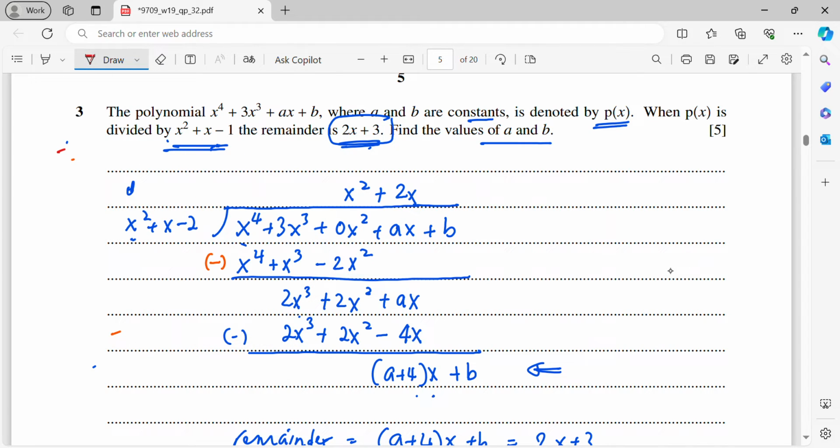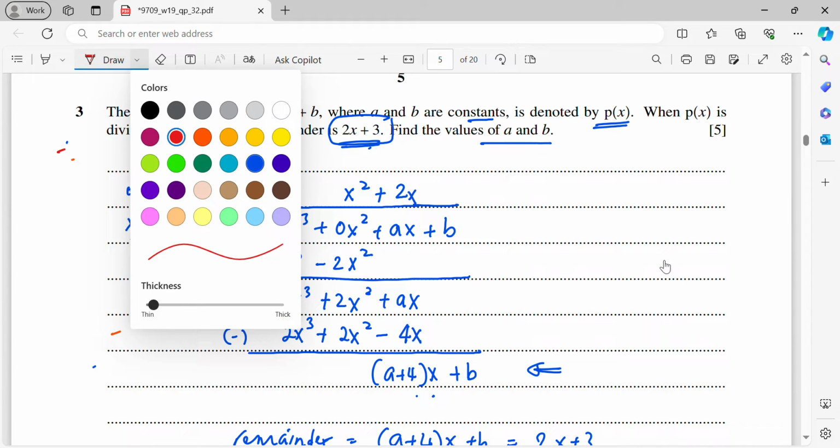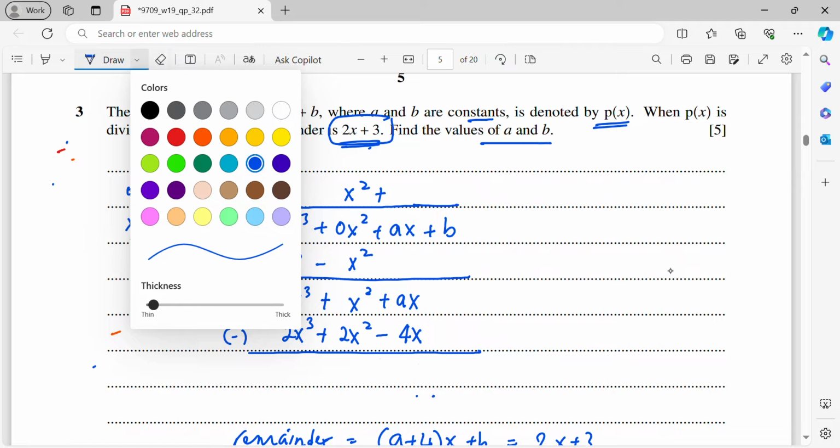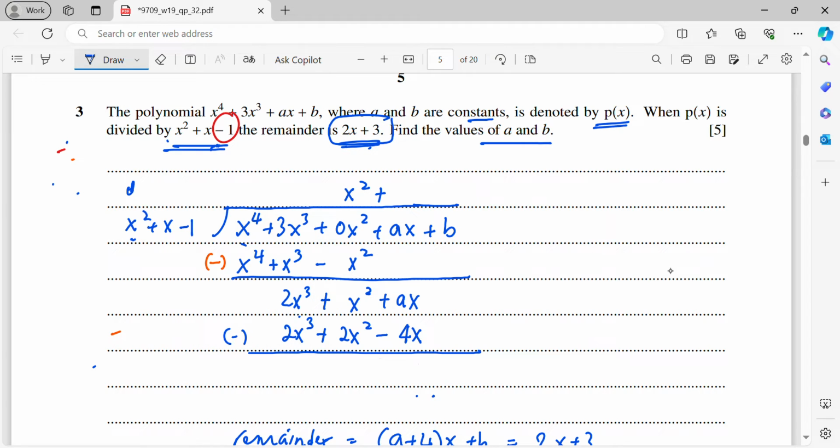This is minus 1, and I wrote minus 2, so here I have to change. Sorry about that. So this is minus 1, which means this is 1. So here it should be 1 minus 2, which is minus x squared. Then plus (a + 4)x, then plus b.